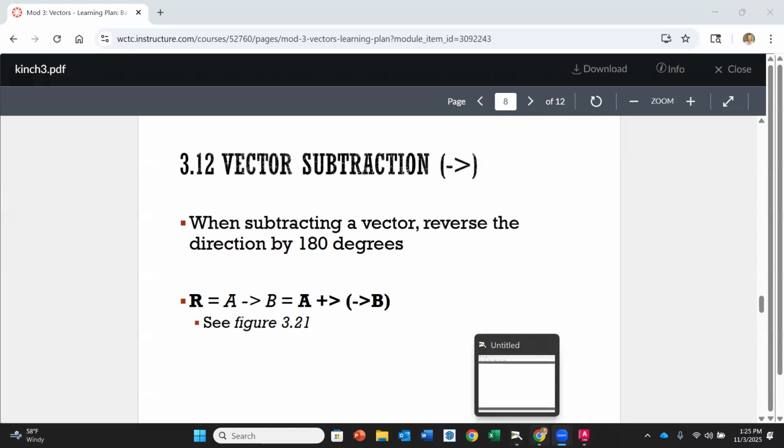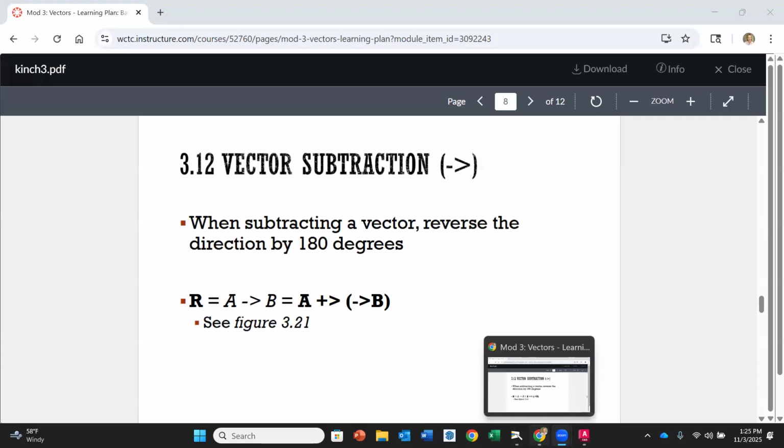So if we look at, for instance, an equation where we want to find a resultant, and we're going to take vector A minus vector B, just like in algebra, instead of saying minus B, we can say we're going to add the negative B direction. To add the negative B direction, we're simply going to take that positive vector and change it 180 degrees.